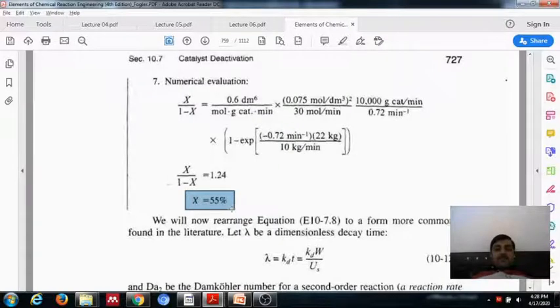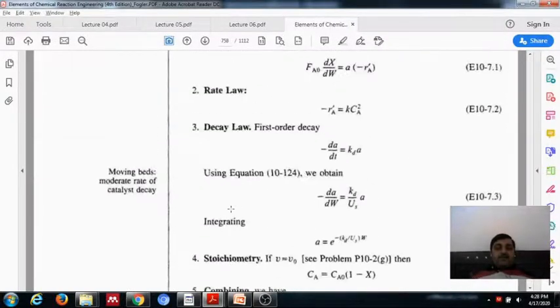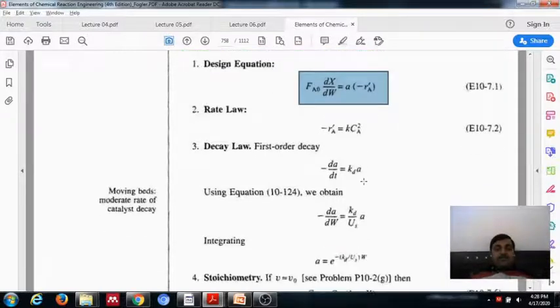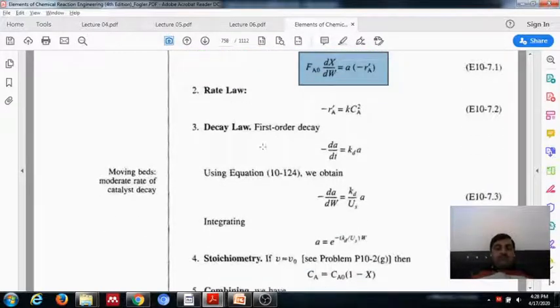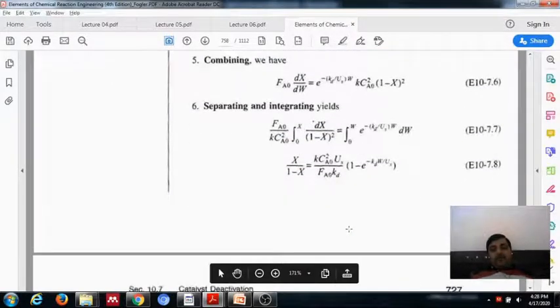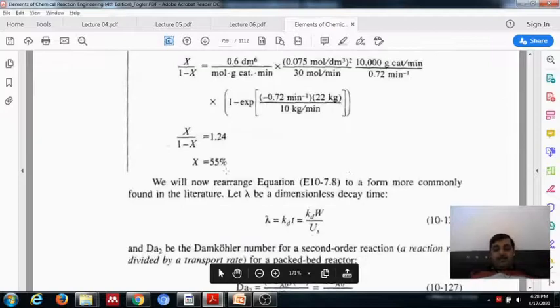So it's a pretty simple example where we have to go through a design expression, solve for the rate law and decay law, and feed both the laws into the design equation to get conversion as a function of known variables.